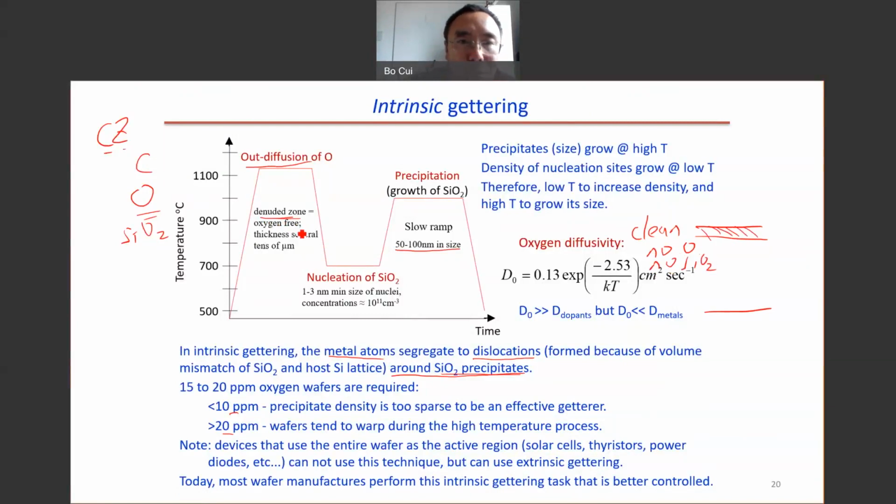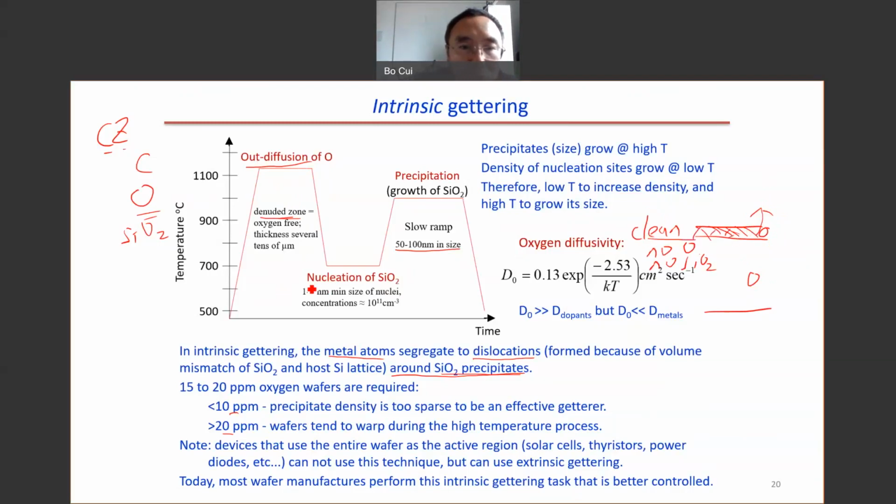So we have a high temperature process so that the oxygen from here will diffuse out. Oxygen inside can move around, but this is okay. Oxygen on the top layer will diffuse out of the wafer. So this is called out diffusion of oxygen, so that the top layer here is clean, no defect.